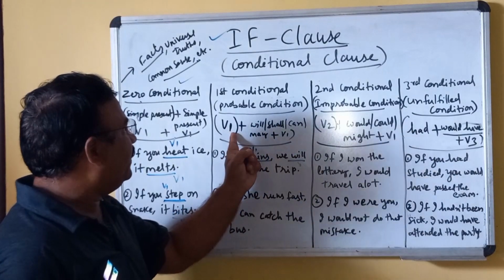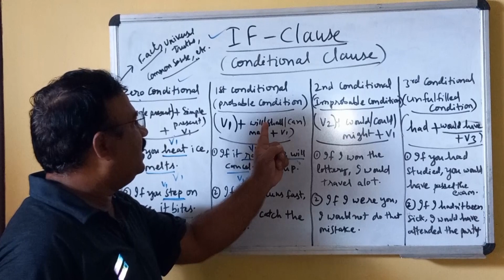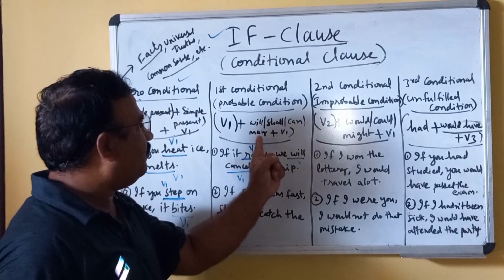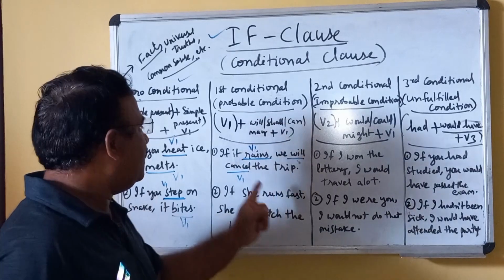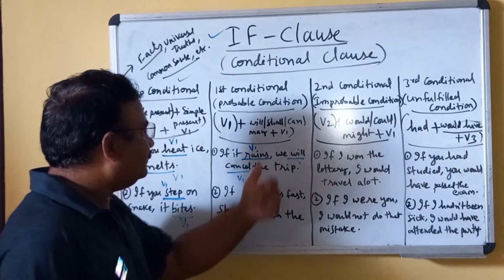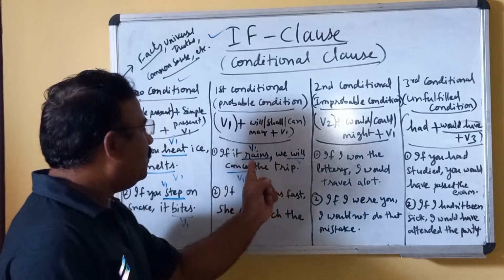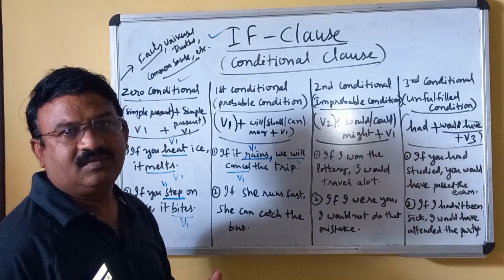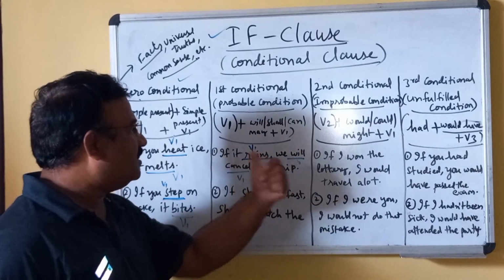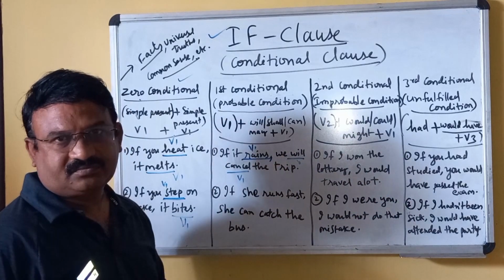See the structure: V1 in the conditional clause, it follows will or shall or can or may plus V1. This is the structure. So, if it rains, this is one clause. We will cancel the trip, this is another clause. Here the if clause is the conditional or subordinate clause, and the other is the main clause.